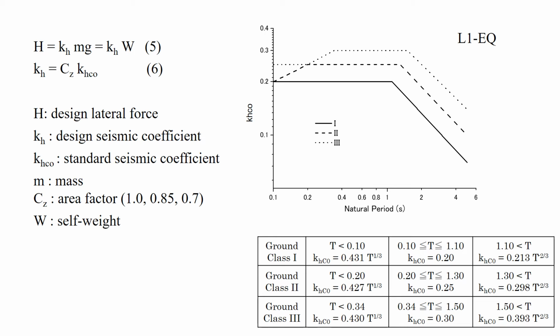Ground class 1 is a solid and hard ground. Class 3 is a very soft ground and class 2 is in between. KHC0 is highest for class 3, followed by class 2, and class 1 is the lowest. It decreases with the longer natural period of a structure.